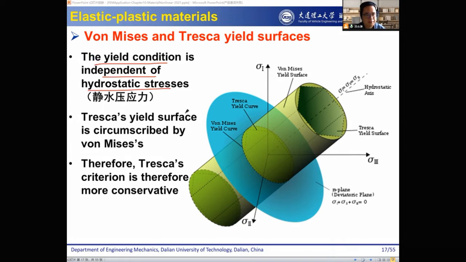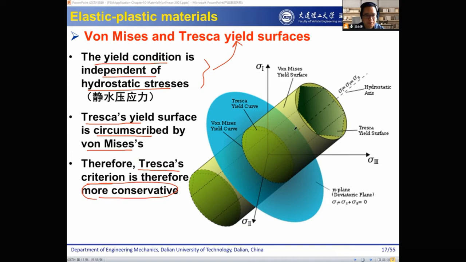This refers to these two yield criteria, which means if you put a ductile material like metal deep in the sea, it will not yield. It will not reach the yield criteria. And the Tresca yield surface is circumscribed by the Von Mises yield surface. Therefore, the Tresca criteria is more conservative, and we already explained why.